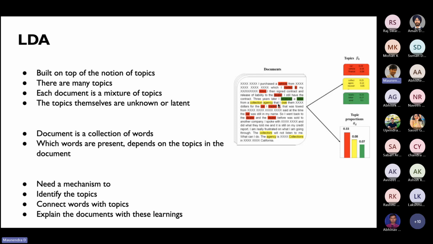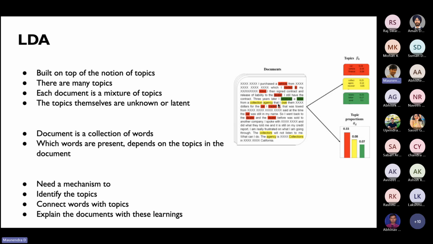Now, when a document is a mixture of multiple topics, each topic typically will not be there in equal proportion. Right? So if there is a document which talks about 3 different topics, some topic might be present there more, some topic might be less, some topic might be even lesser. So the proportion of the topics being present in the document will not be uniform.